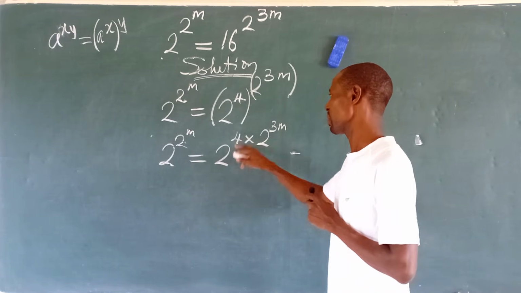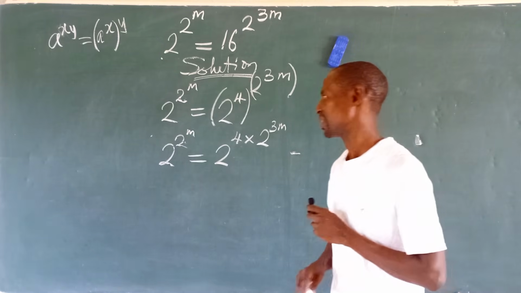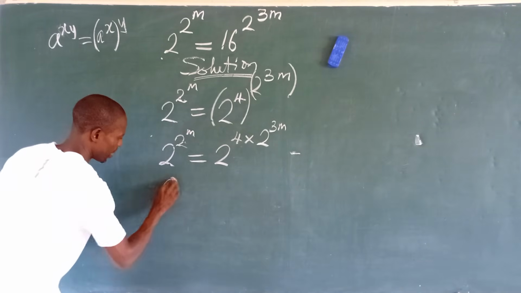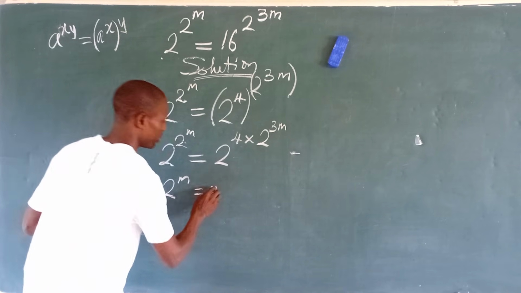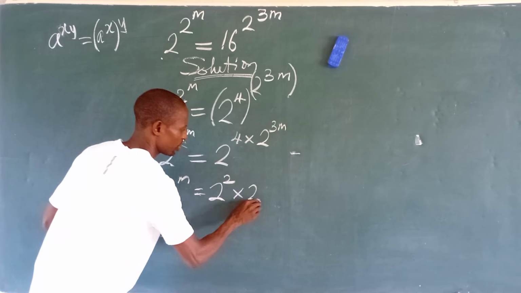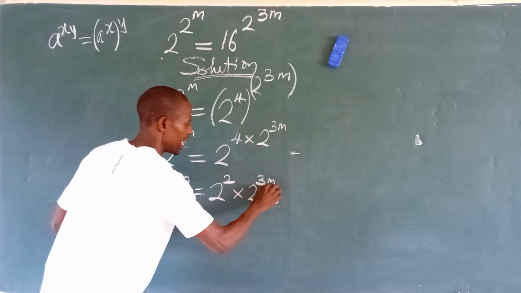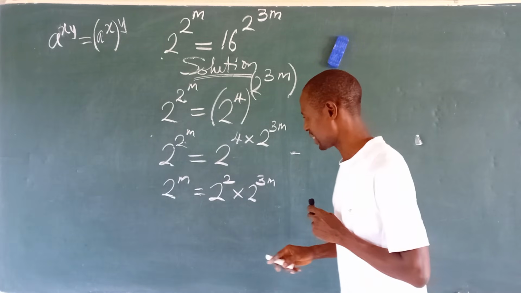And again, look at 4 here. 4 can be expressed as 2 to the power of 2. And so this is going to give us 2 to the power of m equal to 2 to the power of 2 times 2 to the power of 3m. Nice one, right? So we check this again.